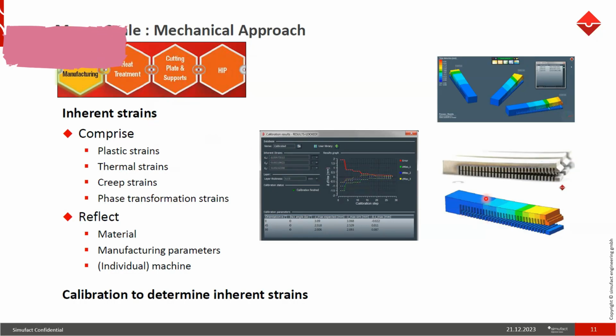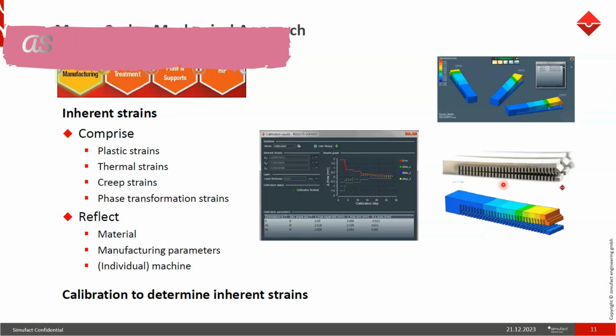Okay. So what they do generally in the manufacturing processes is build these kind of coupons. These are something like cantilever coupons that they build, to understand the strain behavior of this particular material.